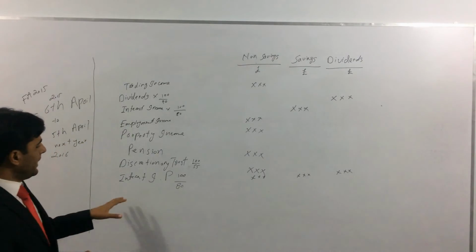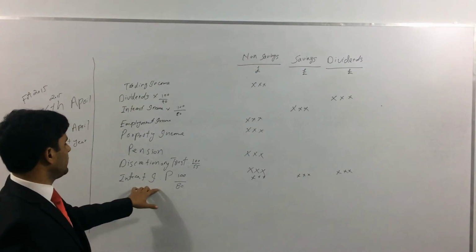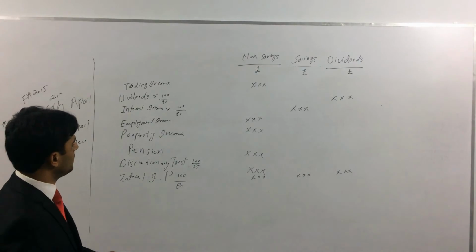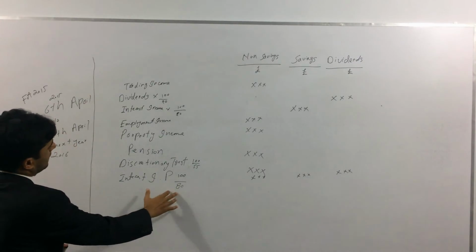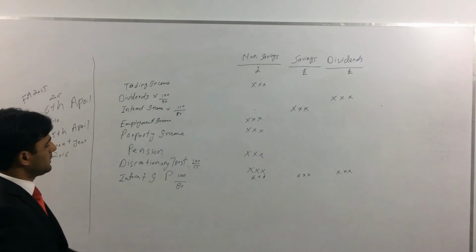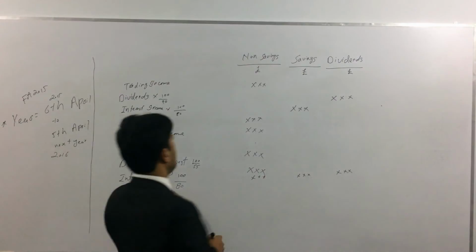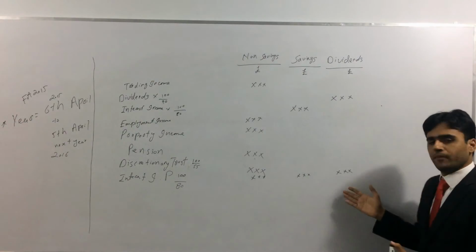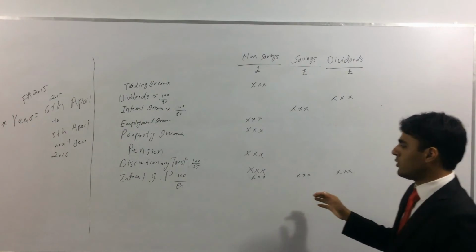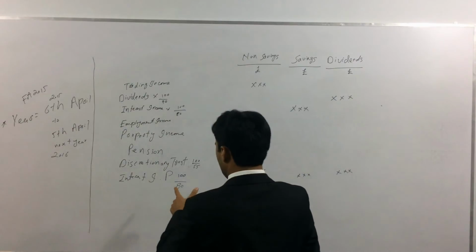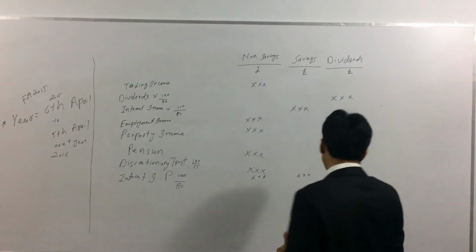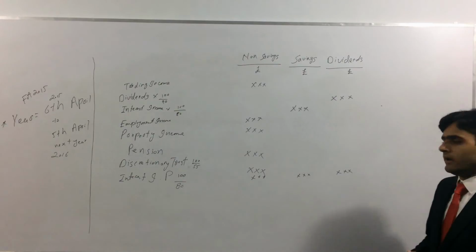Right? Now, as far as interest in possession trust is concerned, you might start to think that 20% tax has been paid on this one, and we have grossed this one like this. What if this is being paid out of dividends income? Do we still need to gross it up 100 by 80, or do we need to gross it up by 100 by 90? Yeah, you are right.